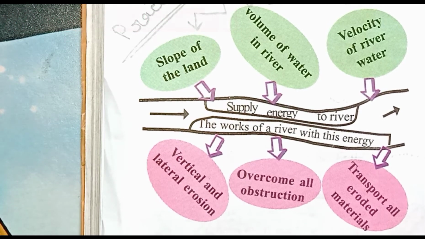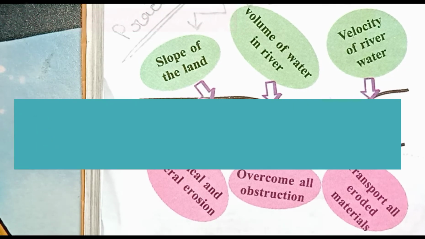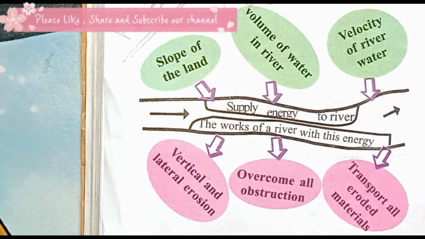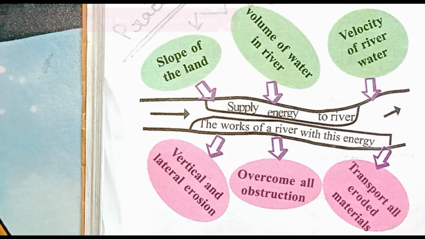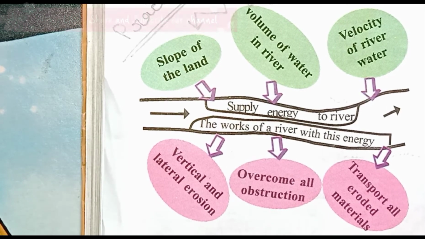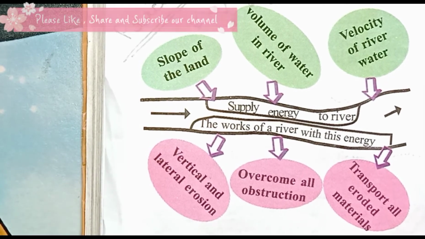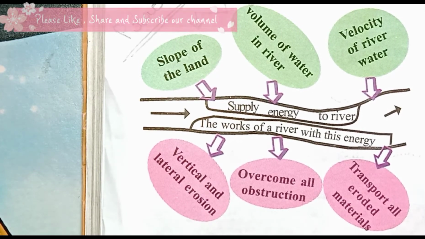When the flow of a river slows down, it drops the eroded materials on or beside the channel. This is river deposition. After the river has eroded the pebbles, cobbles and silt and carried them away, it slows down, because it is the lower ground part.